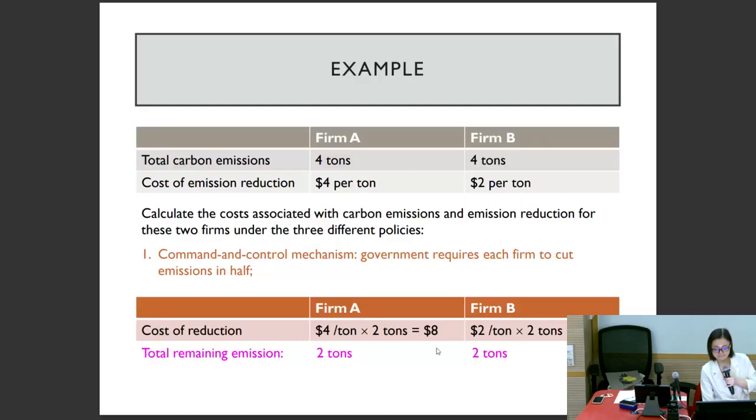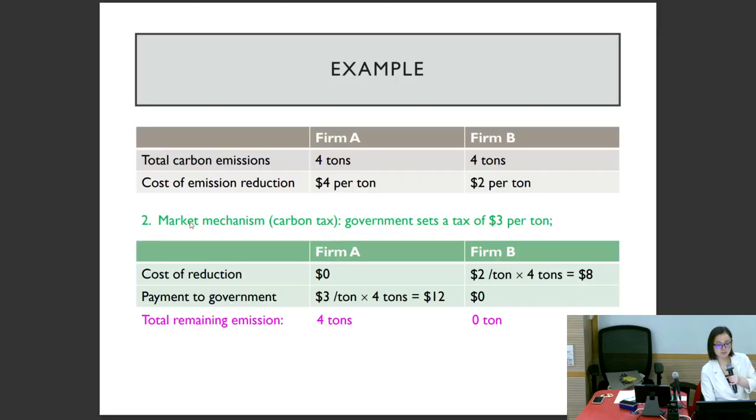And for firm B, also need to cut the emissions to half, so cut 2 tons, and the cost of reduction is only $2, so they only need to pay $4. So for firm A, paying $8, reducing 2 tons, and for firm B, paying $4 only and reducing 2 tons. This is the command and control mechanism.